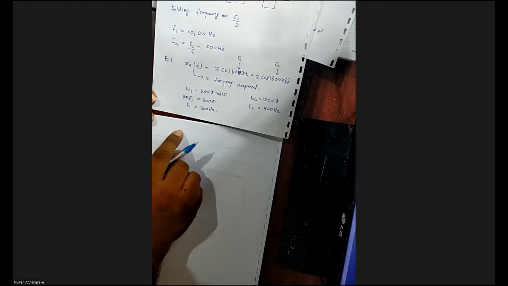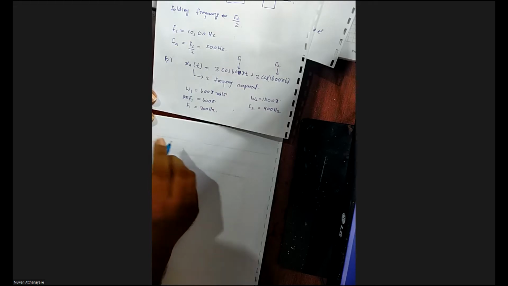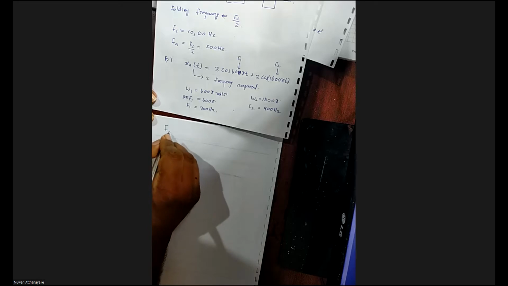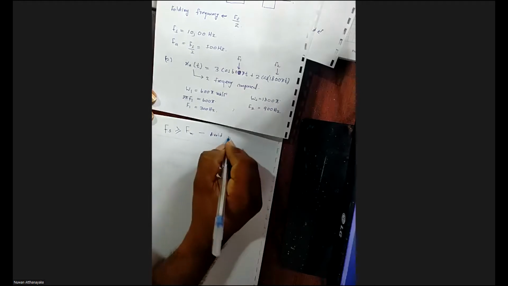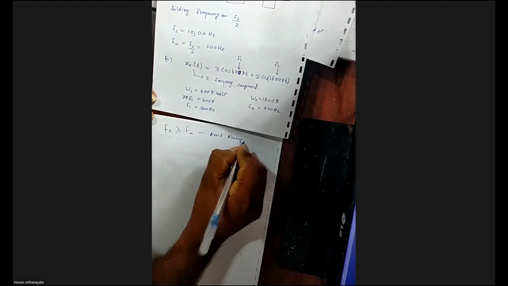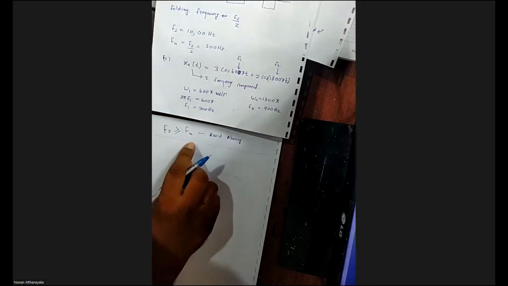So Nyquist, I think you know the Nyquist theorem. It says that our sampling frequency should be greater than or equal to the signal frequency, let's say FM, in order to avoid aliasing. So this sampling rate is given to avoid aliasing.